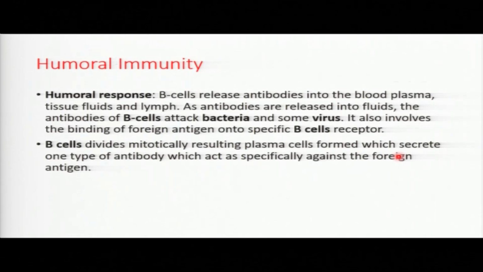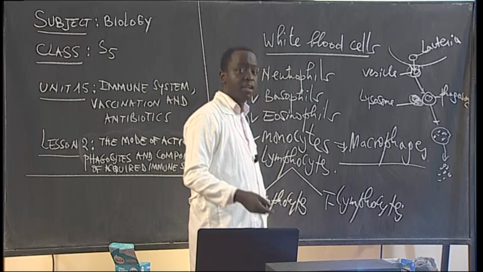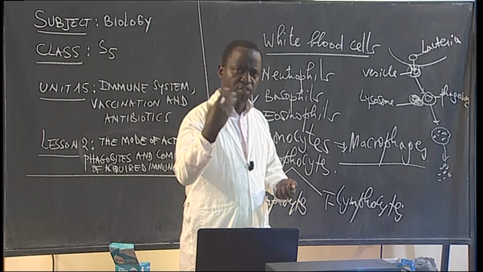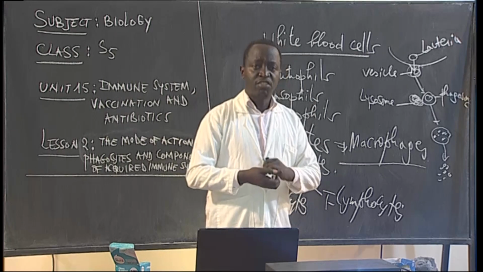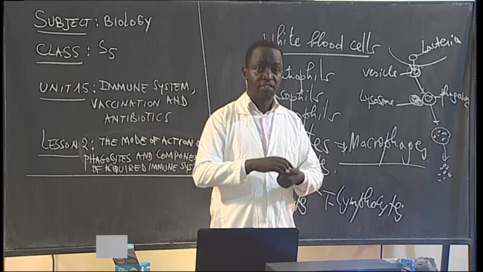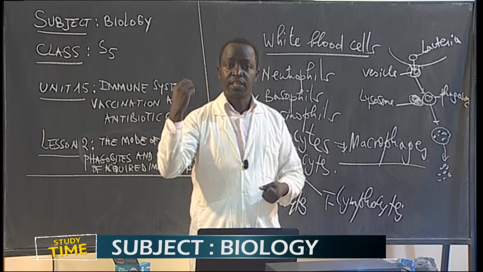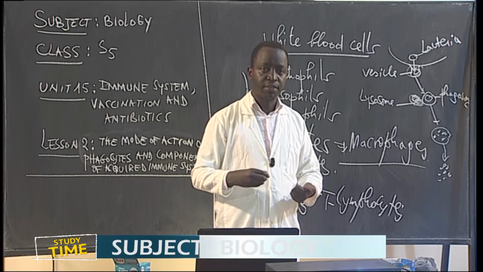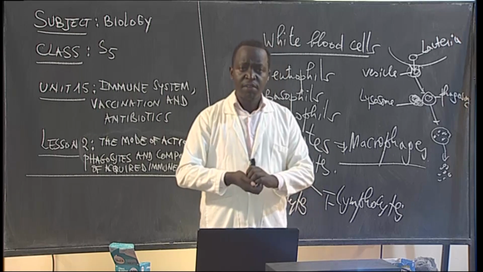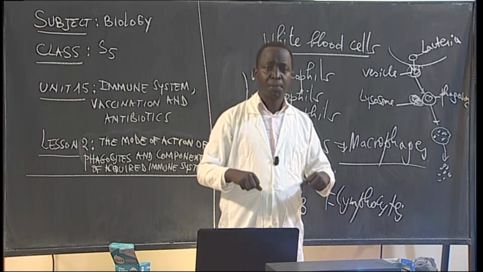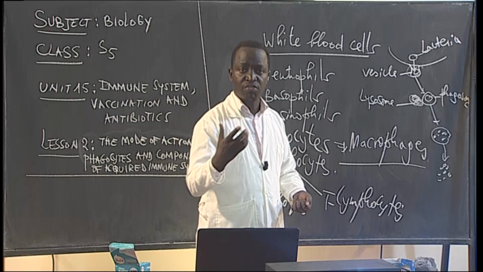When you talk about this immunity, it's about how those cells, called B cells, B lymphocytes, are going to produce antibodies. Those antibodies are going to be produced in fluids like blood plasma, lymph, and tissue fluids. Are you together? And those ones, they are produced just to do what? To fight against what? Pathogens.